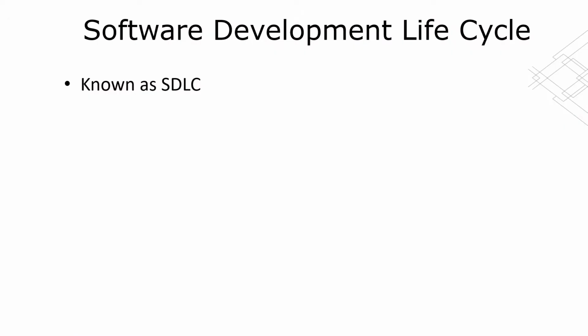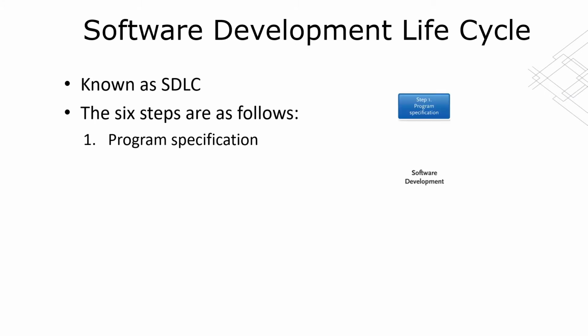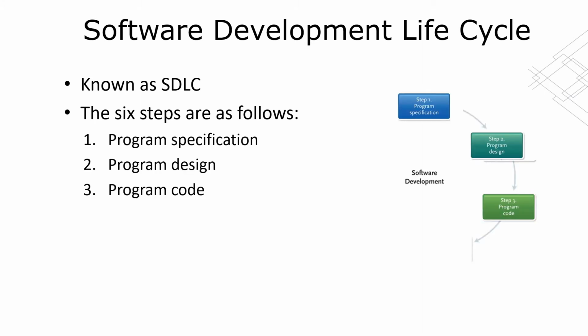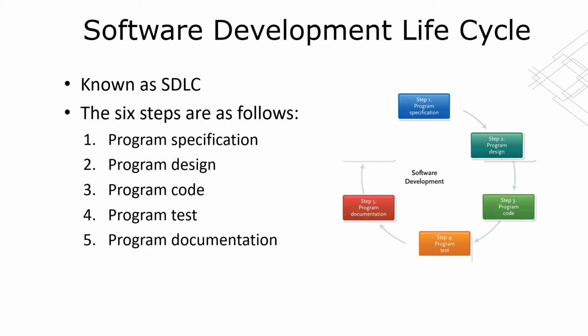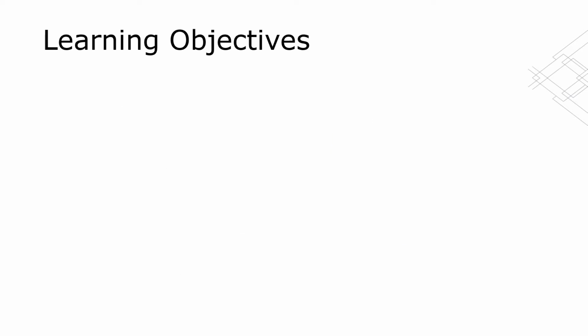Let us refresh our memory about software development lifecycle. It is also known as SDLC. The 6 steps of software development lifecycle are program specification, program design, program code, program test, program documentation, and program maintenance.